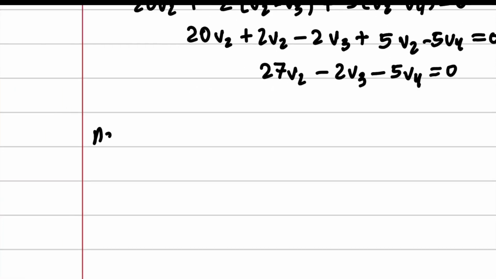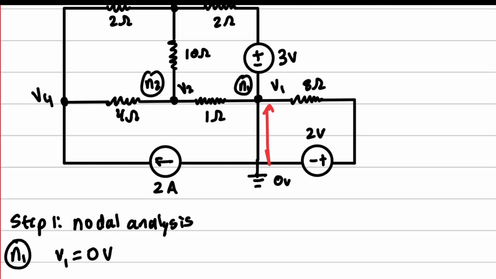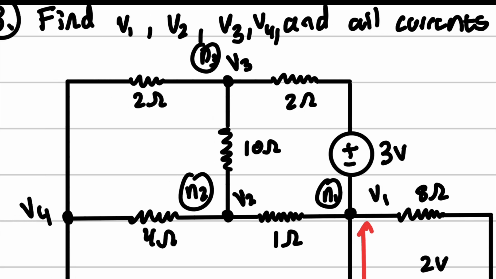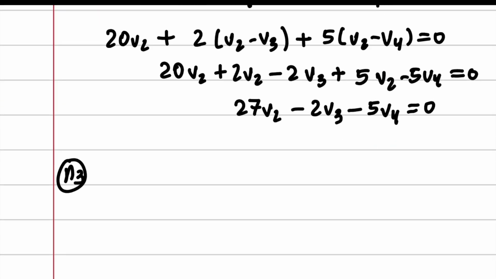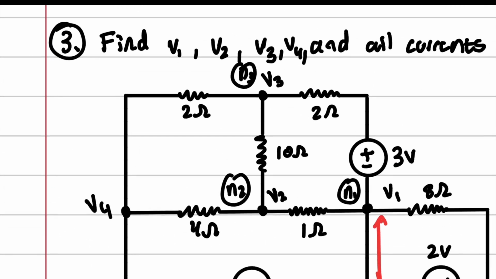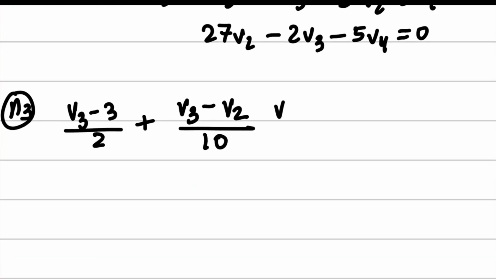Now N3. So it seems like we have right here node 3. And we are going to go from V3 to V4, V3 to V2, and V3 to the 3-volt battery. So let's go ahead and do (V3 minus 3) over 2 plus (V3 minus V2) over 10, I believe. Yep. And then (V3 minus V4) over 2 equals 0.